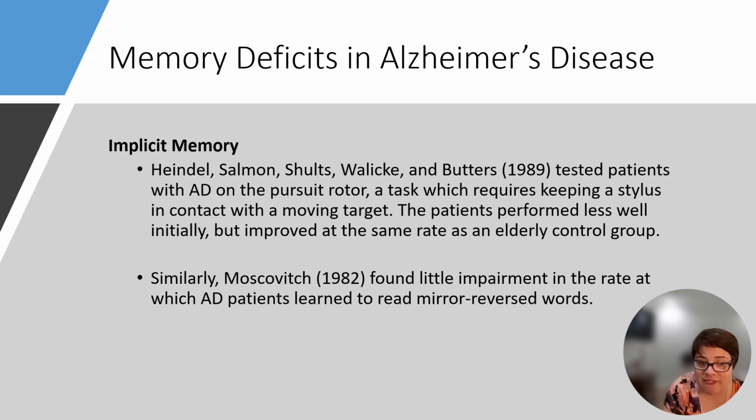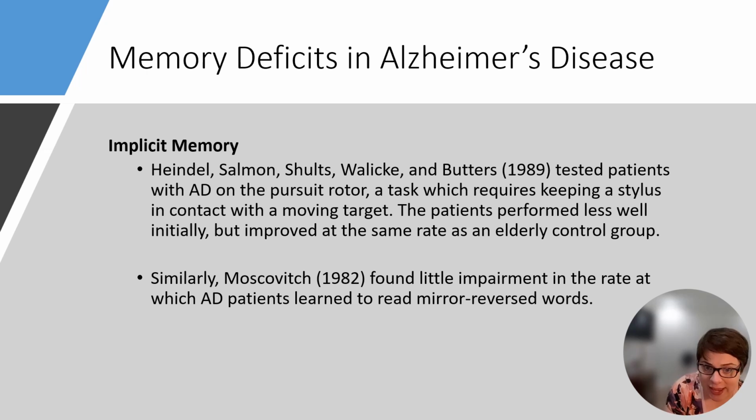We also see deficits in implicit memory, right? Explicit memory includes both episodic and semantic memory, whereas implicit memory includes things like classical conditioning, motor memory, and procedural memory. One of the first studies showing these kinds of deficits was conducted in the 1980s.